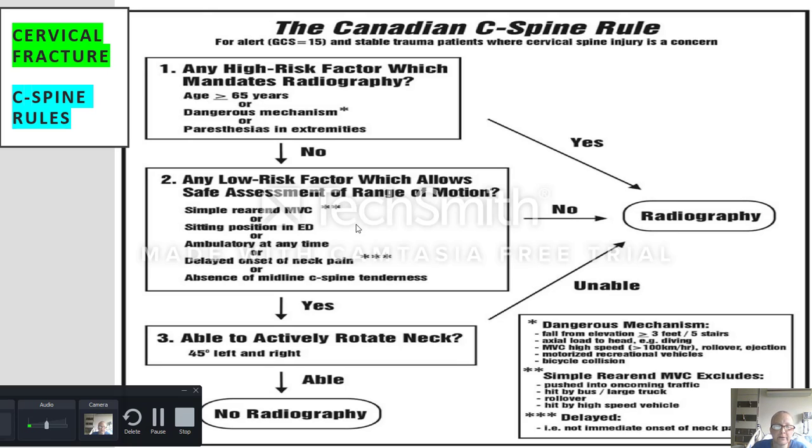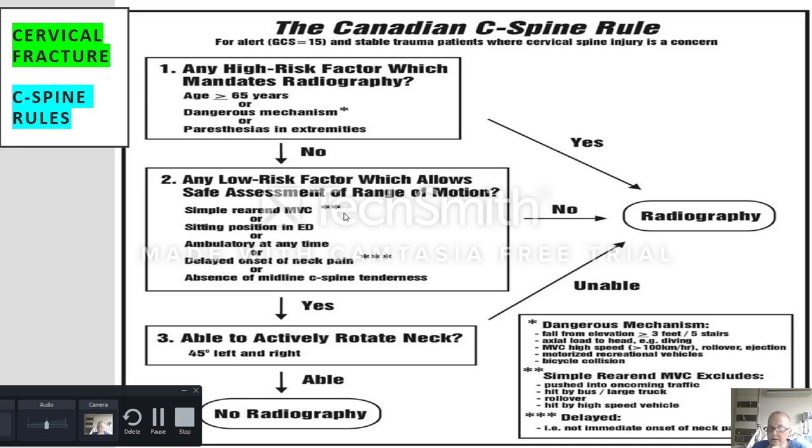The little 2 dots up here, simple rear-ended motor vehicle accident, would be MVC, I'm not sure what that means.